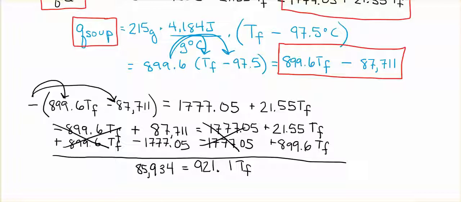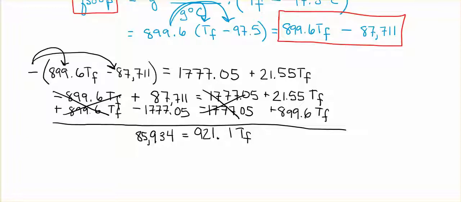Just so you guys know what happened, I missed this decimal point when I was doing my notes up. So this number was way too large in my notes. So this is correct. 87,711 minus 1777.05 gives us about 85,934. That equals 899.6 plus 21.55, which gives us 921.1.